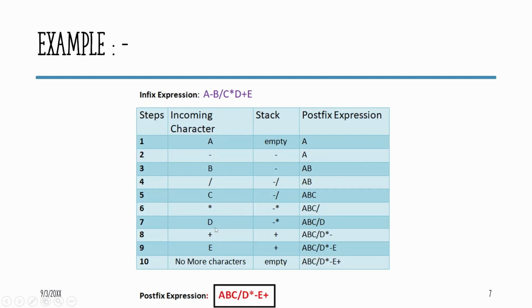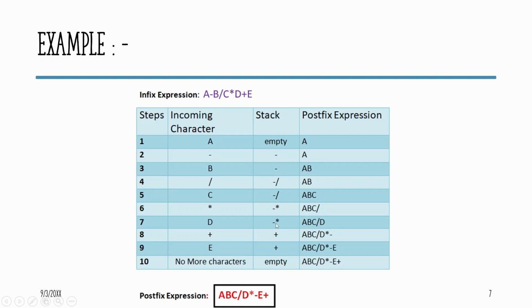Now we come to the d. D is an operand, so we'll simply append it to the postfix expression. Now we come to the plus, and as we know that plus has a lesser precedence than multiplication, we popped out multiplication into the postfix expression and printed it, of course. Then we again checked for minus.